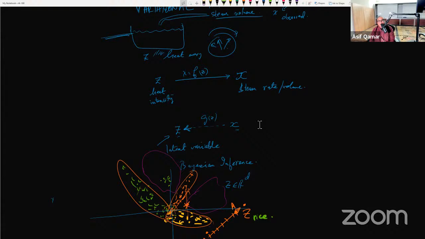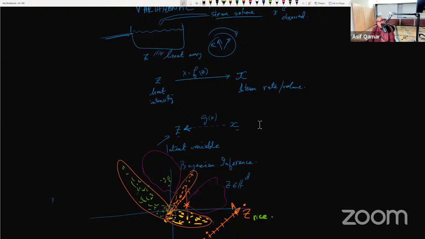And so you hypothesize that there is a relationship between Z, the heat intensity, and the steam rate or volume, isn't it? You expect that this is there, and therefore there's a function. The steam is a function of the heat intensity, the steam rate, right?